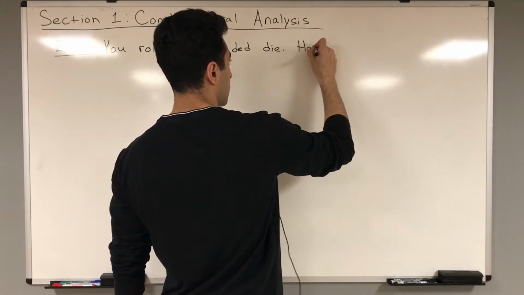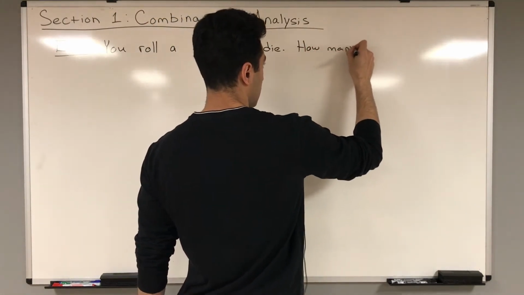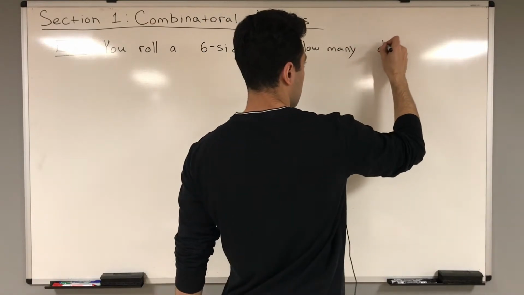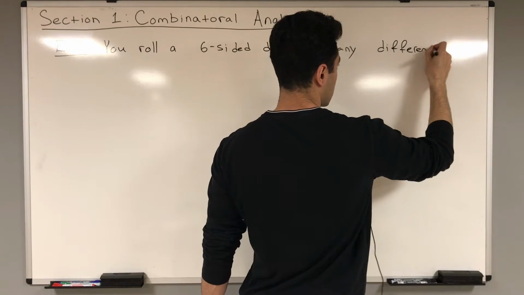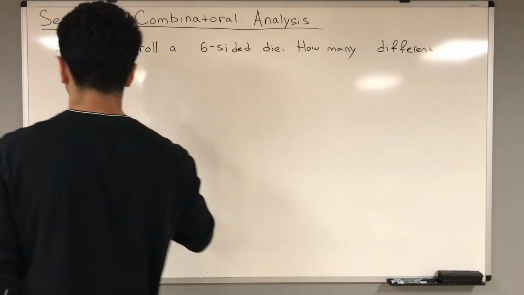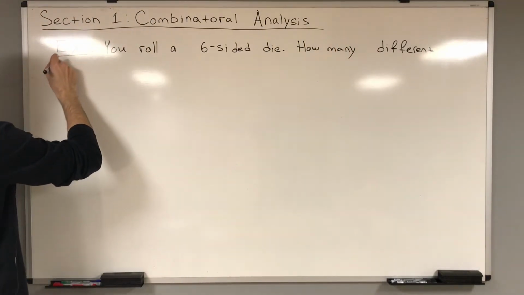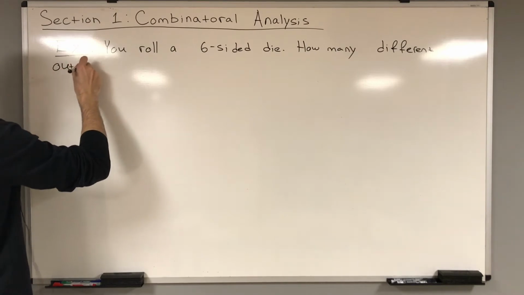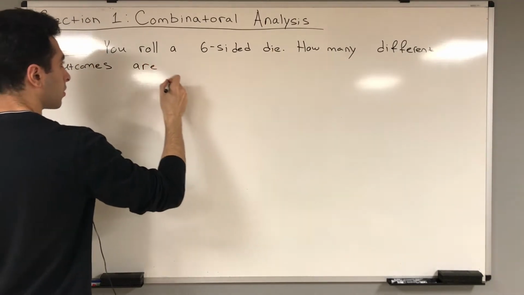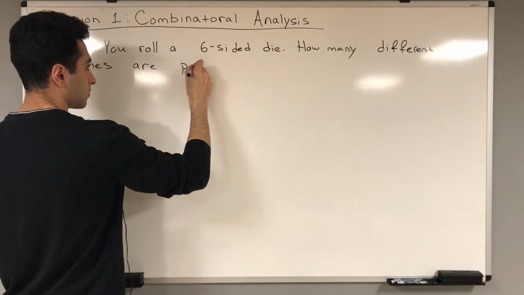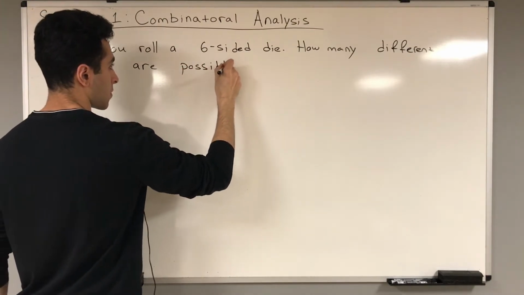How many different outcomes are possible? So how many different outcomes are possible?